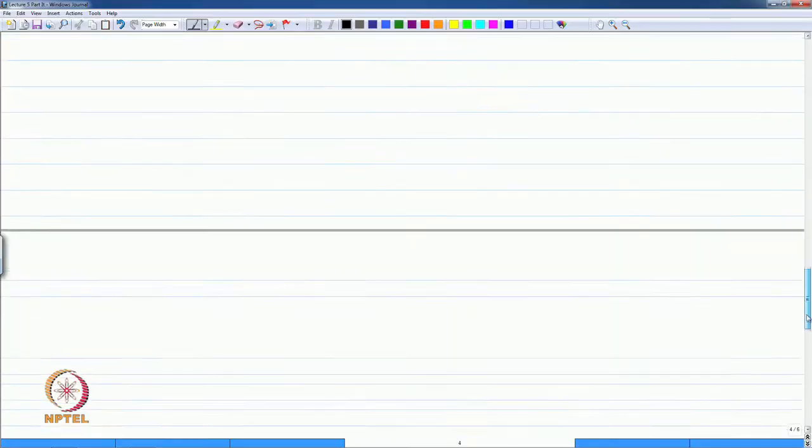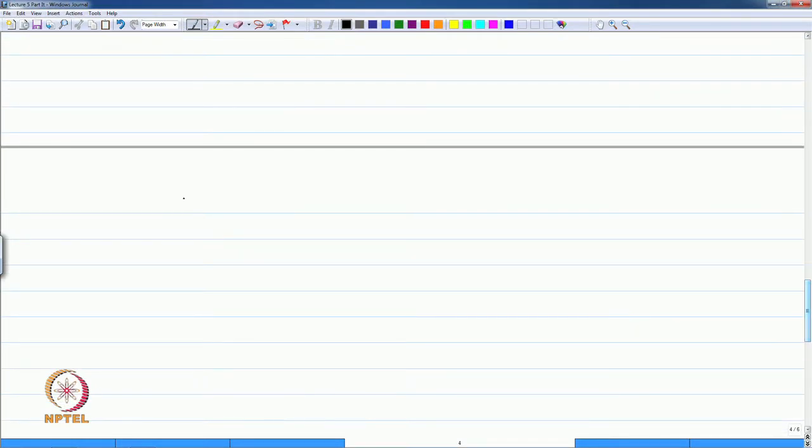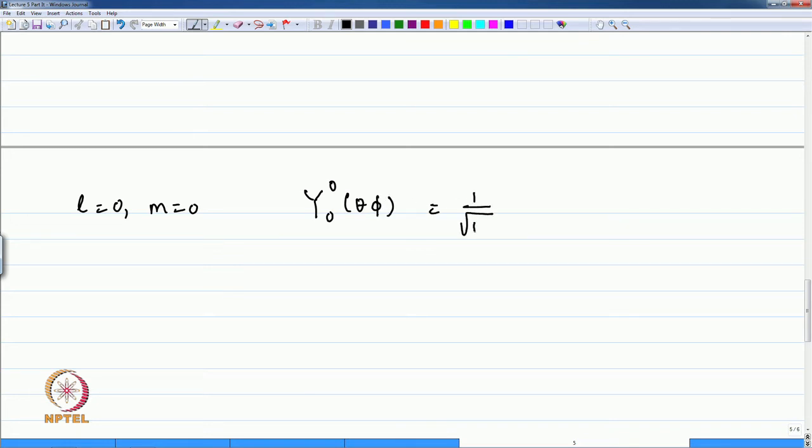Okay. So, let me write some of the spherical harmonics as solutions. When L is 0 and M is 0, the spherical harmonic Y 0 0 is not dependent on any angle, and it has a value 1 by root 4 pi, no angular dependence.